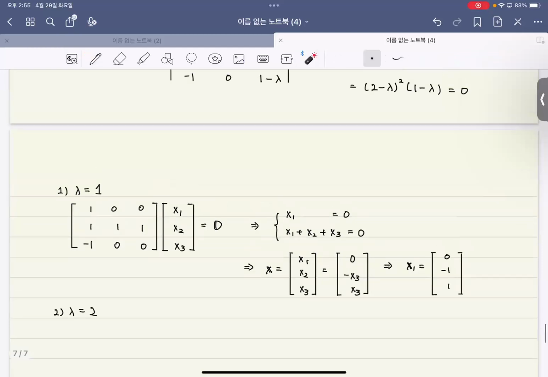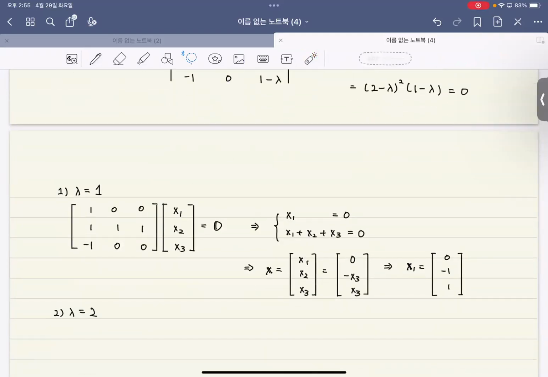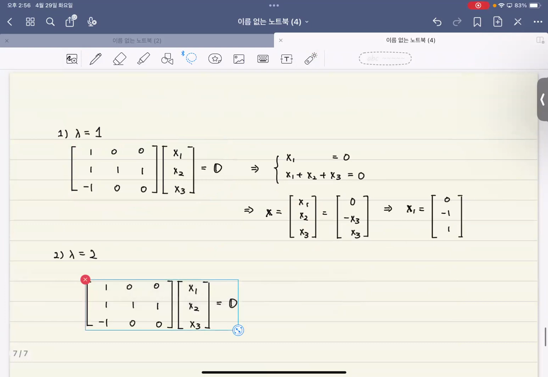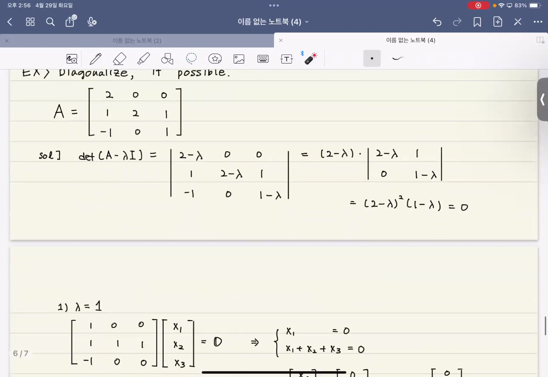The second eigenvalue was 2. Plugging 2 in here, I get 0, 0, 0; 1, 0, 1; minus 1, 0, minus 1.